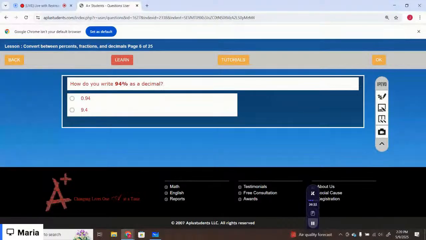How do you write 94% as a decimal? 94% as a decimal is 0.94. Option number one is the correct option.